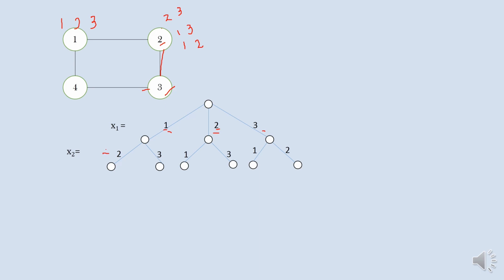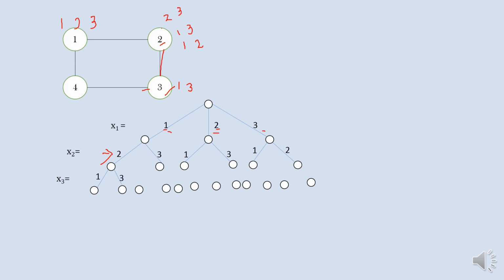So we have to look at this level, the colors that are chosen for the vertex 2. If vertex 2 is given the color 2, then I can color vertex 3 with the colors 1 or 3. So we can show at the next level the values for x3, that is, the colors given to the vertex 3.